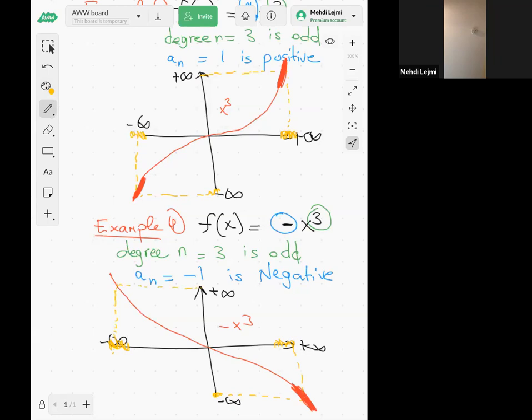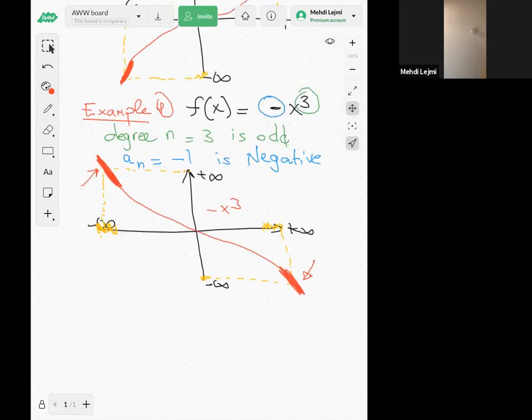So your output is going to be here. All right. And again, this is just a general fact. Whenever the degree is odd and the leading coefficient is negative, your graph should look like this at positive and negative infinity.